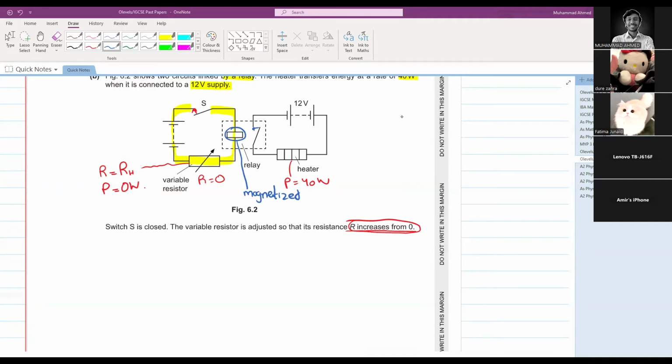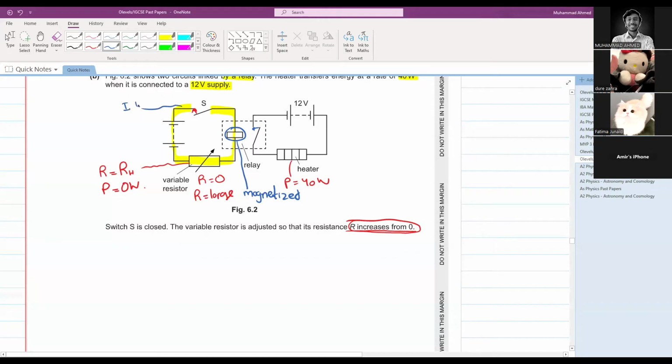So first of all, you understand that when resistance was zero, this would have magnetized due to a large flow of current, and the relay switch would have closed. But now when you have started to increase your resistance to a large value, what happens? Your current across the circuit drops. As your current becomes low, what happens to this magnet?